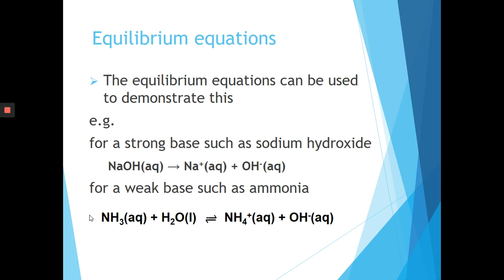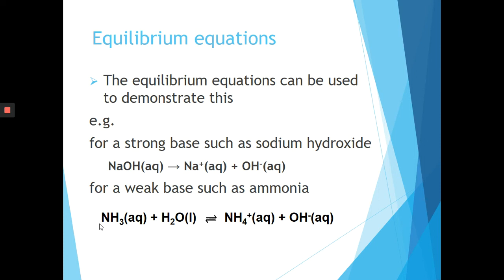Both water and ammonia prefer existing as molecules, okay? But we need them together because the ammonia is going to accept one of the hydrogen ions from the water molecule. The water molecule is donating, therefore is being classed as an acid in this case, and the ammonia is accepting, therefore being classed as the base.